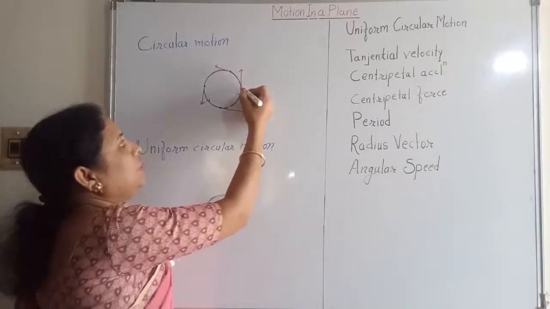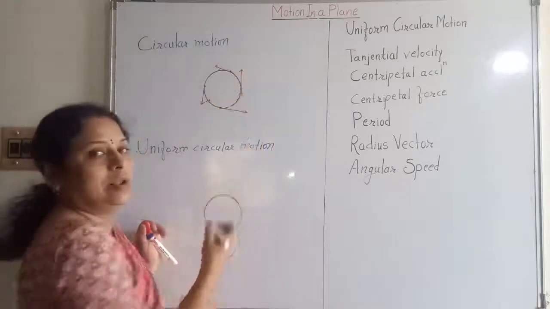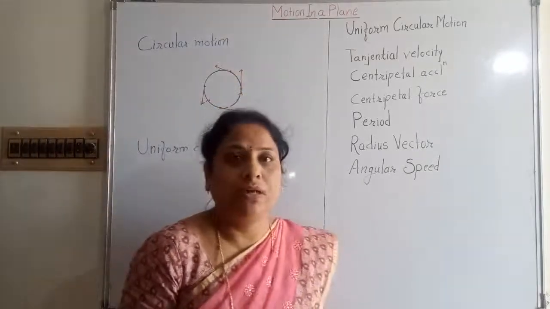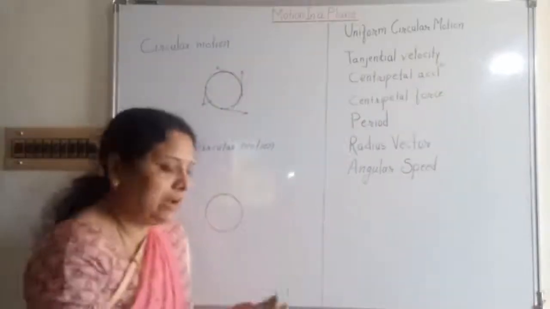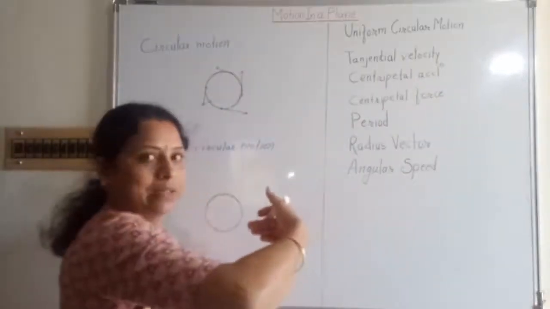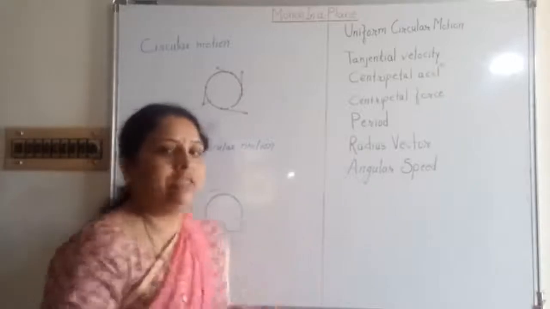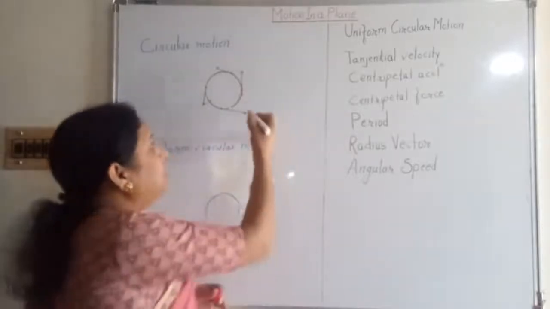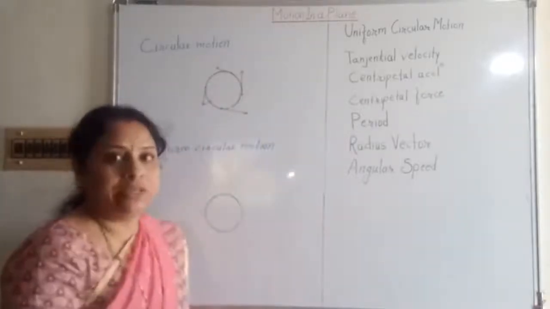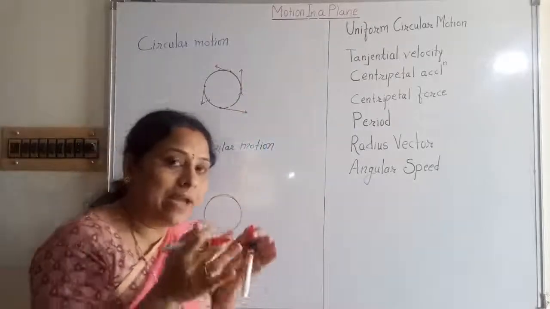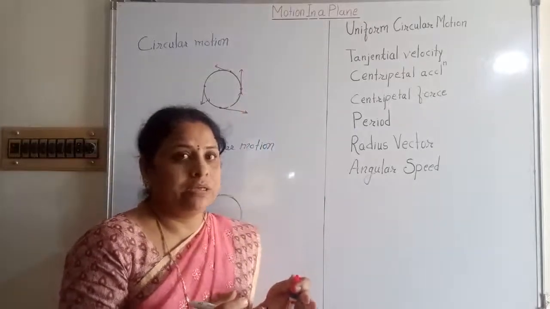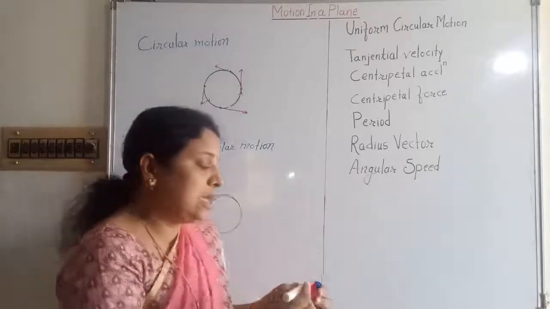When the object is moving, the magnitude of this velocity may remain constant, but the direction we can't keep constant, because the object moves in a circular path, so the direction of velocity goes on changing. But if its magnitude is constant, then we can call it the speed.